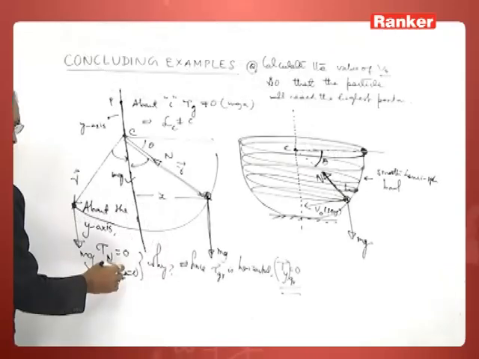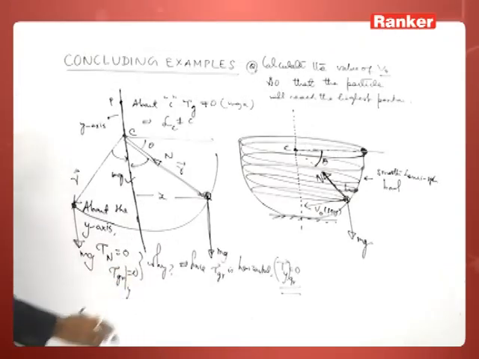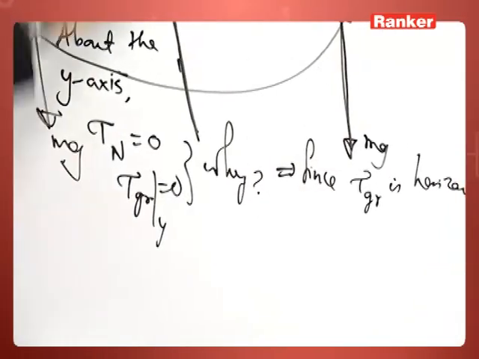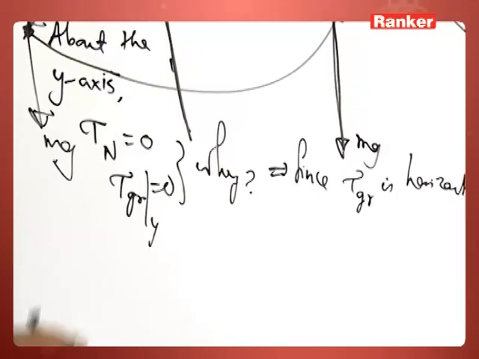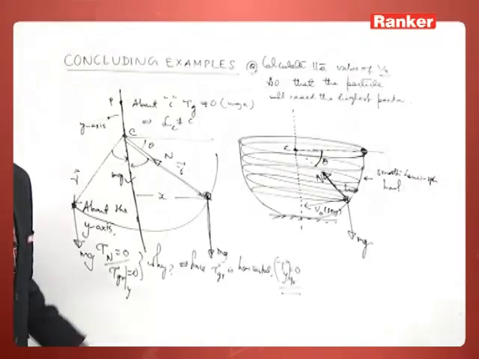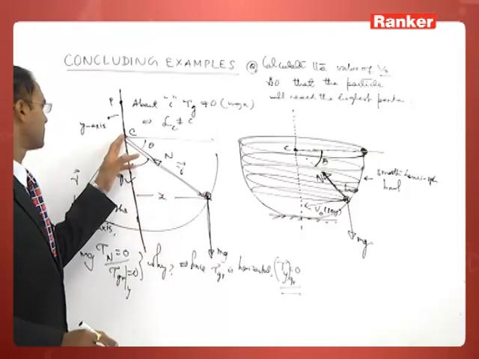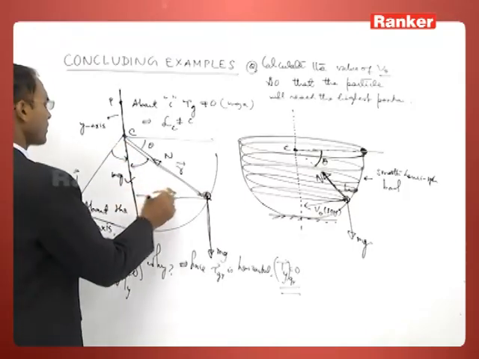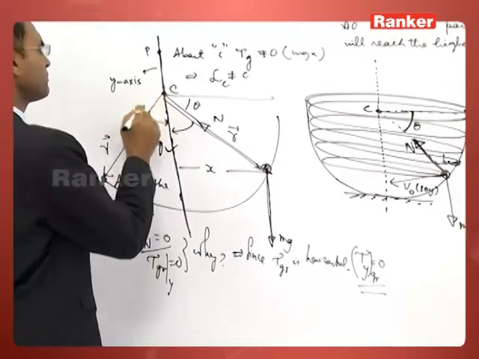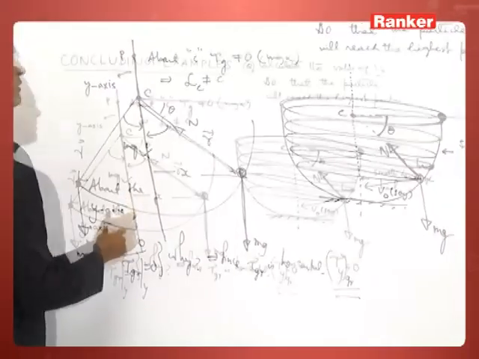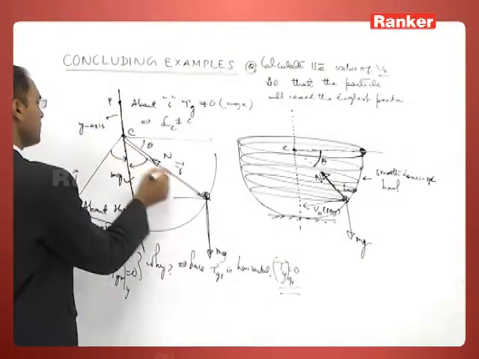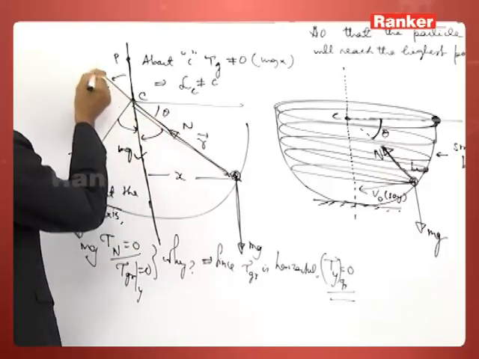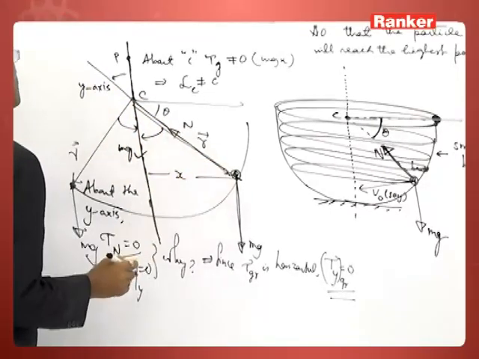So, the gravity torque about the y direction is 0. About the vertical axis, there is no torque due to gravity. And what about the normal reaction? The normal reaction will produce a torque not about this point, but about any other point which does not pass through the line of action of the normal reaction force.